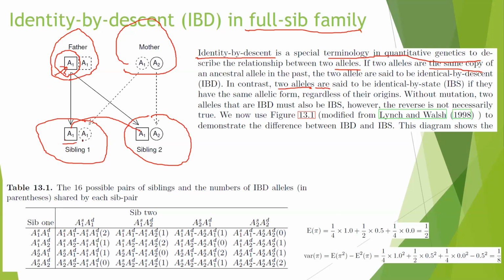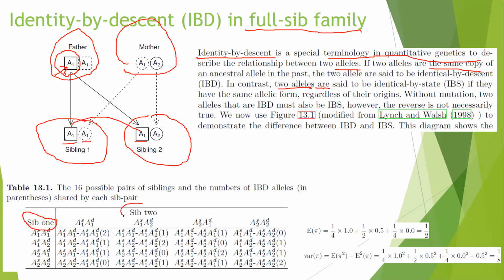However, if you just look at these three A1 alleles in these two siblings, these three are called IBS to one another. So this model is specifically for the full sib family study.